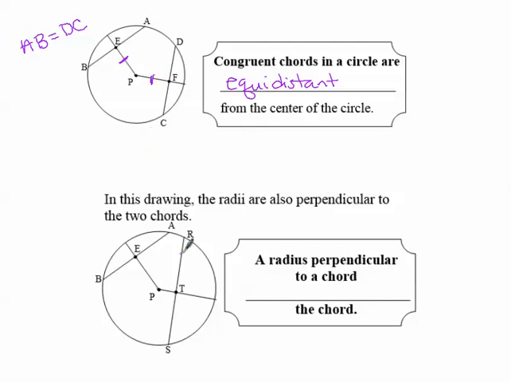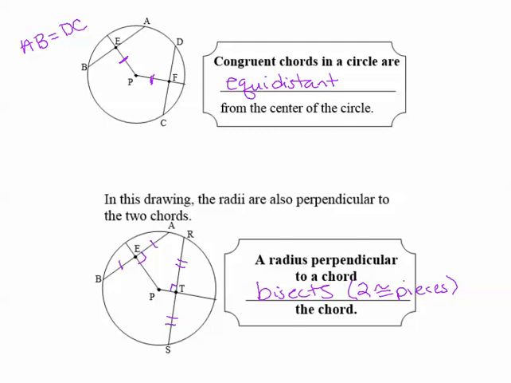Also down here, the radii are perpendicular to the 2 chords. When a radius is perpendicular to a chord, it bisects the chord, which means to cut into 2 congruent pieces. So this is equal to this, and this piece is equal to this piece. RT is not the same as AE.